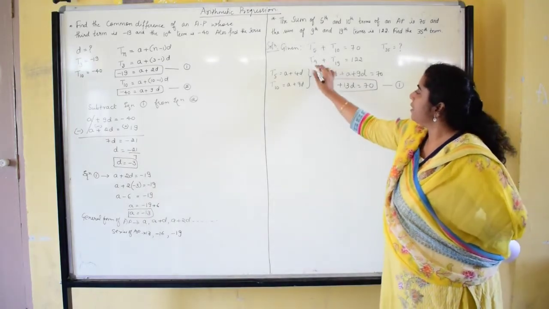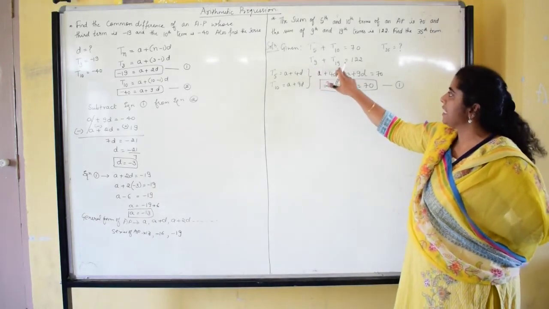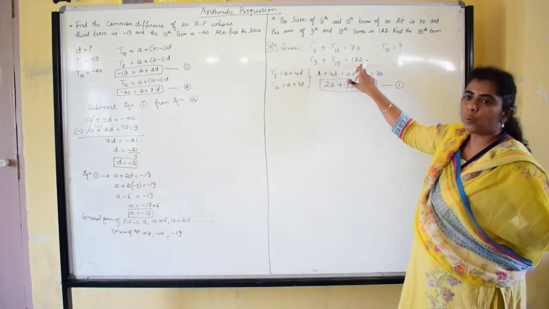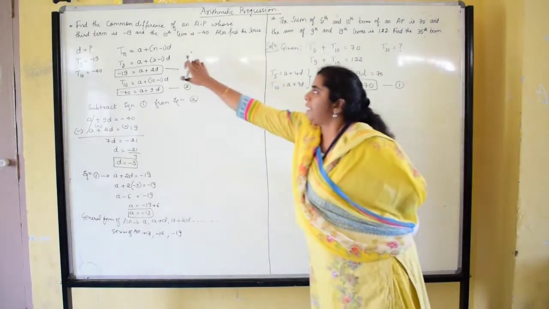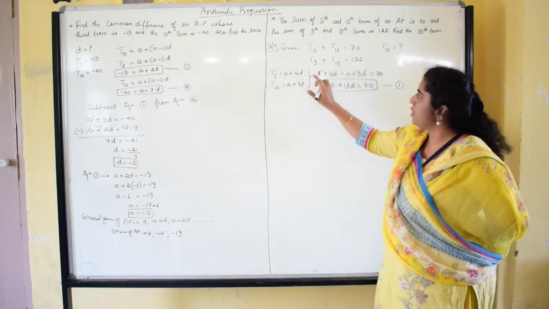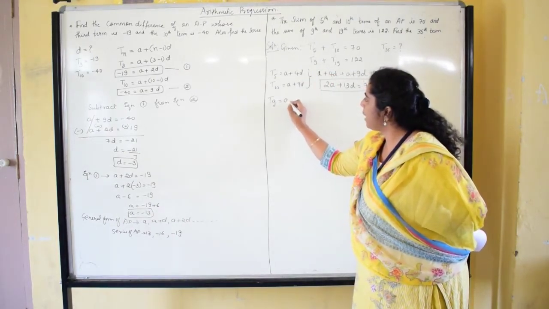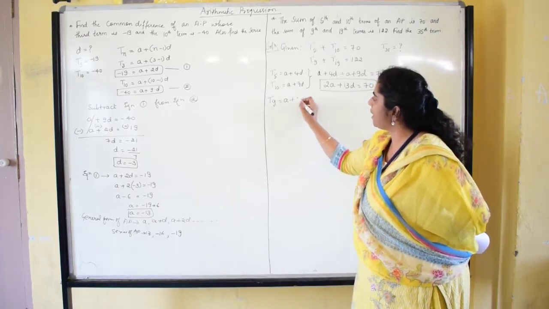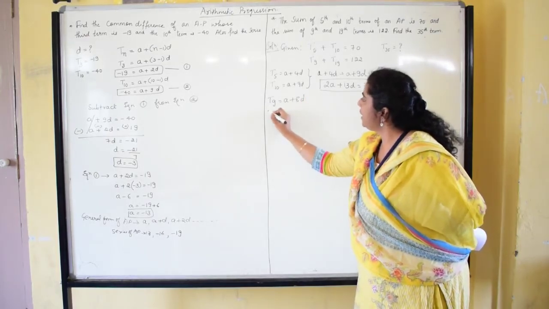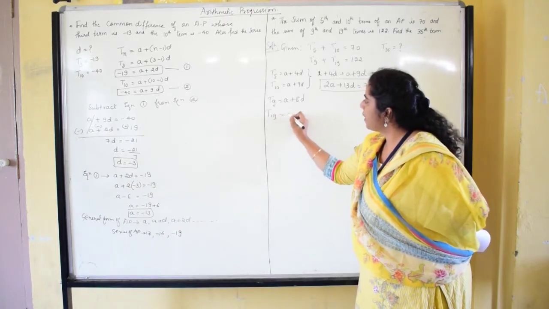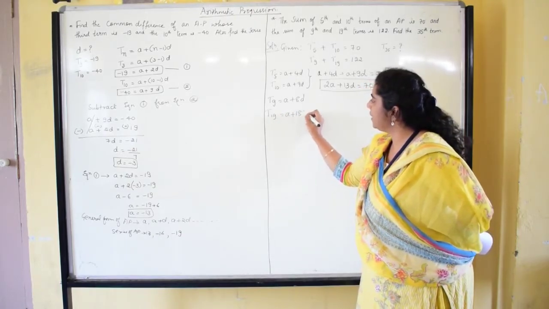Next it is given that the 9th term plus the 19th term of the AP is equal to 122. Applying the same formula, substituting the values, we get T9 is equal to a plus (9 minus 1), which is 8d. T19 is equal to a plus 18d.